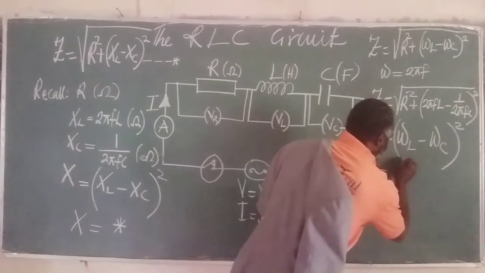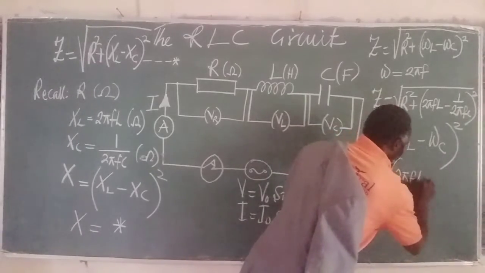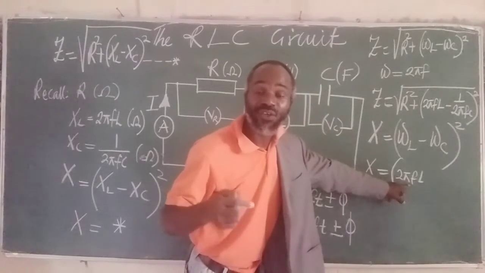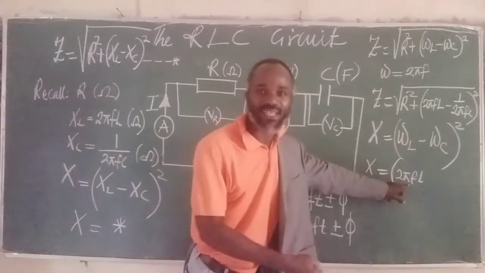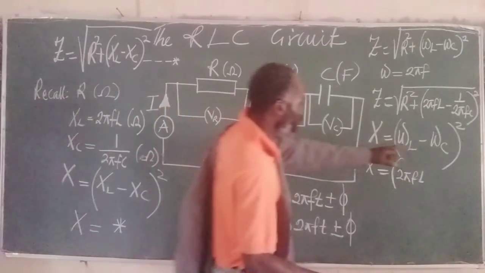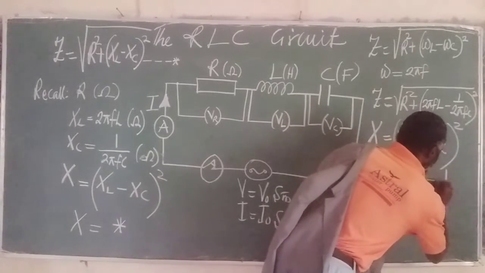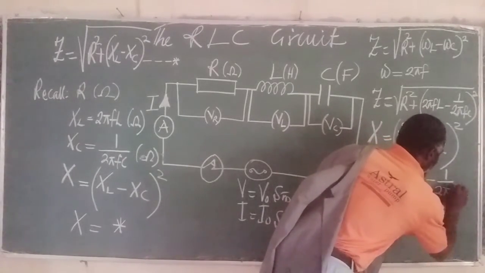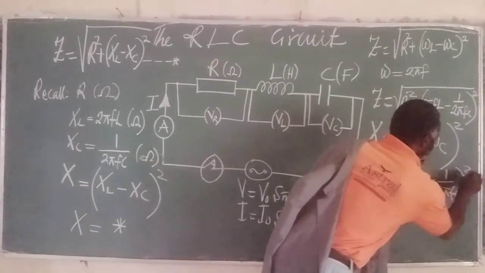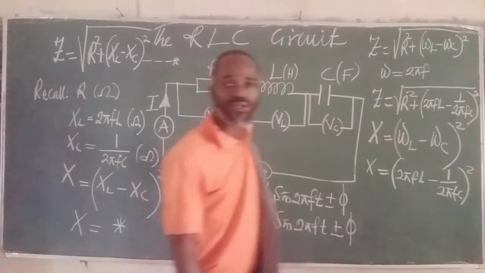When we do that, we have 2 pi FL for the inductor to calculate the inductive reactance, XL. For the capacitor, we have minus 1 all over 2 pi FC to calculate the capacitive reactance of the capacitor.